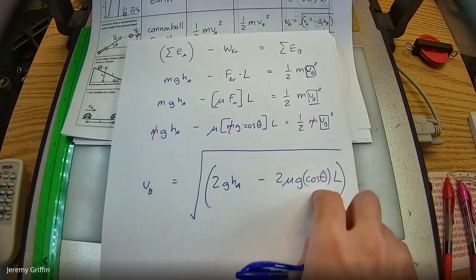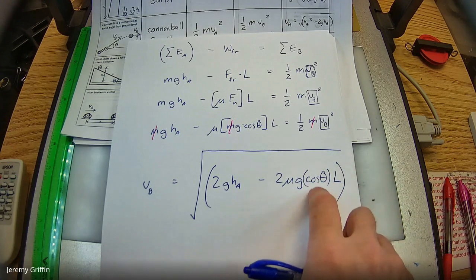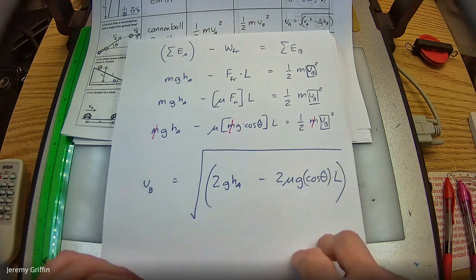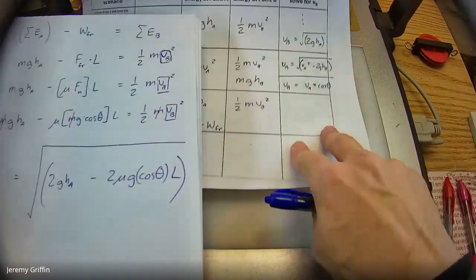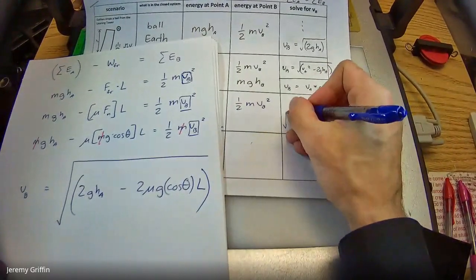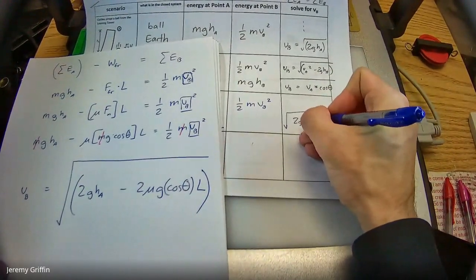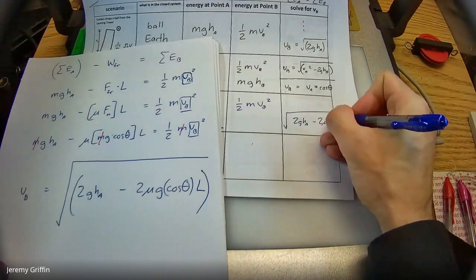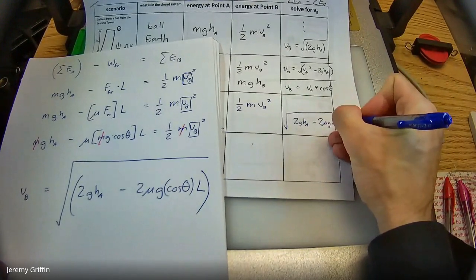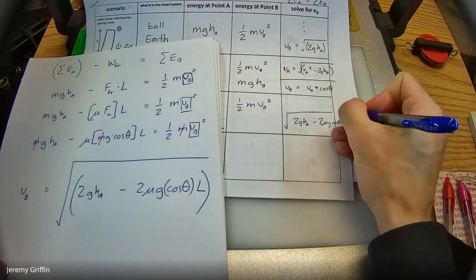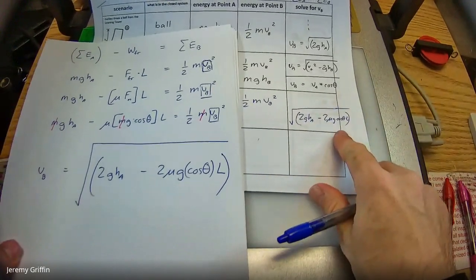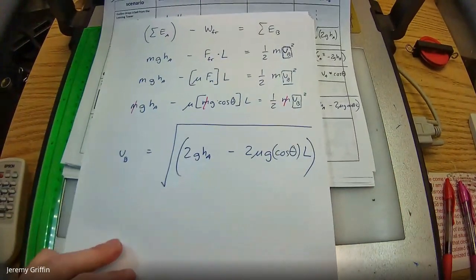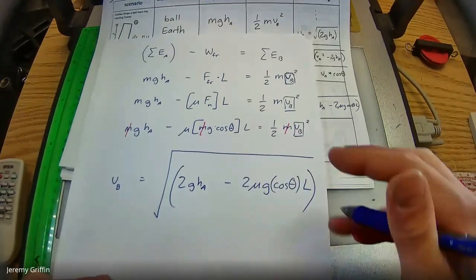There would be a way you could get cosine theta in terms of H and L, but it's a bunch of geometry. I don't want to get too far into the woods. So that's this box right here. Square root of 2gh minus 2 mu g cosine theta times L. Big old expression.